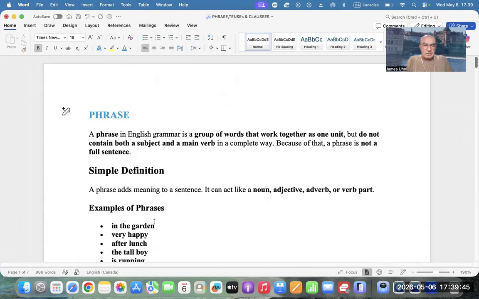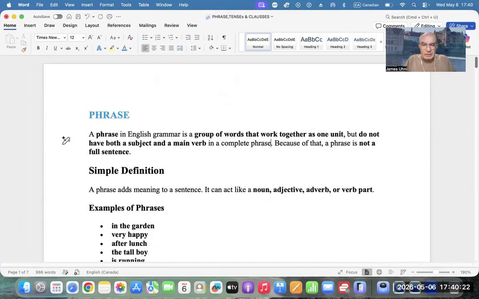But these units do not have a subject and a main verb. So here is both a subject and a main verb in a complete way. So, incomplete phrase. I will change it to this one, incomplete phrase, okay?